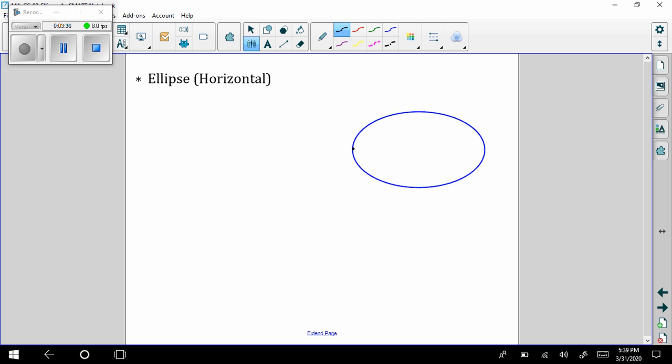We're going to look at the horizontal ellipse first. You have a major and a minor axis in each ellipse. In a horizontal ellipse, the major axis is horizontal. The minor axis is vertical.